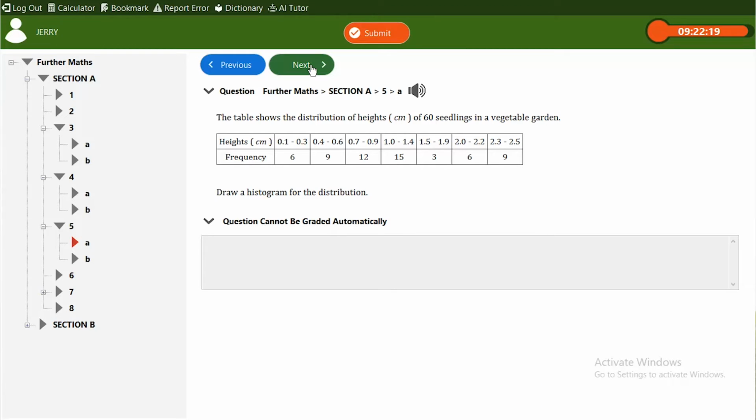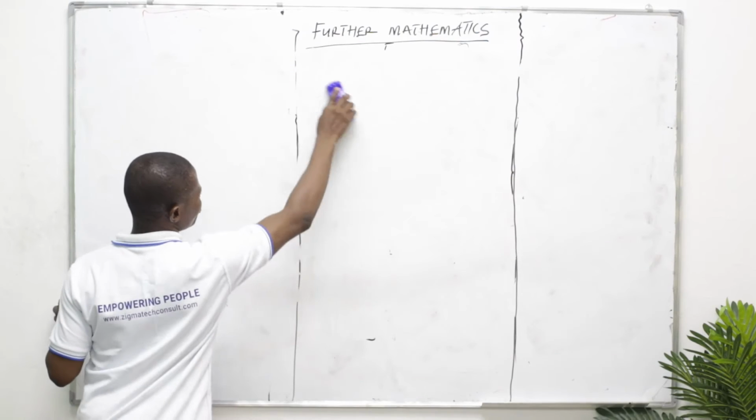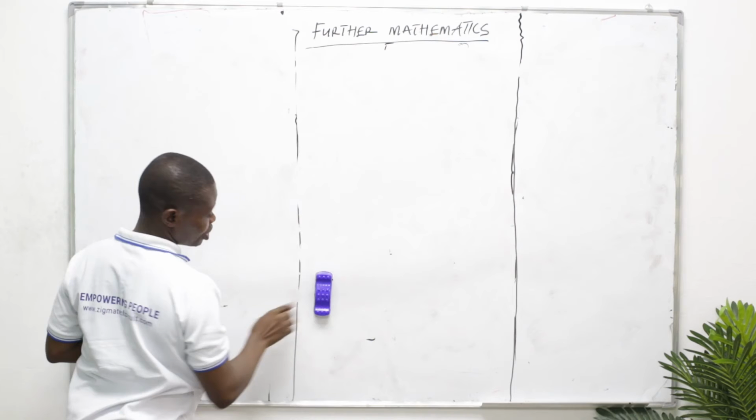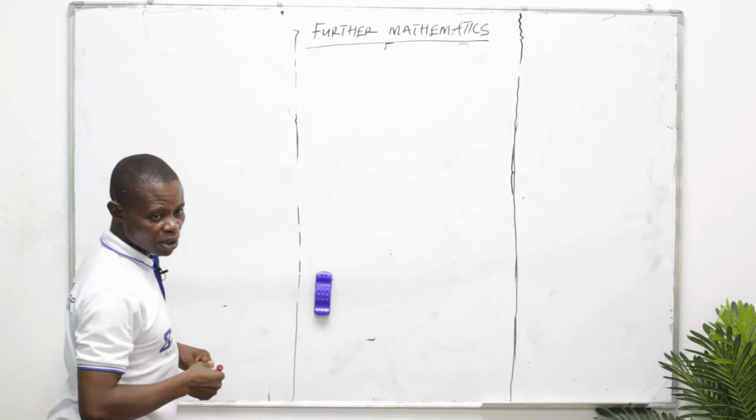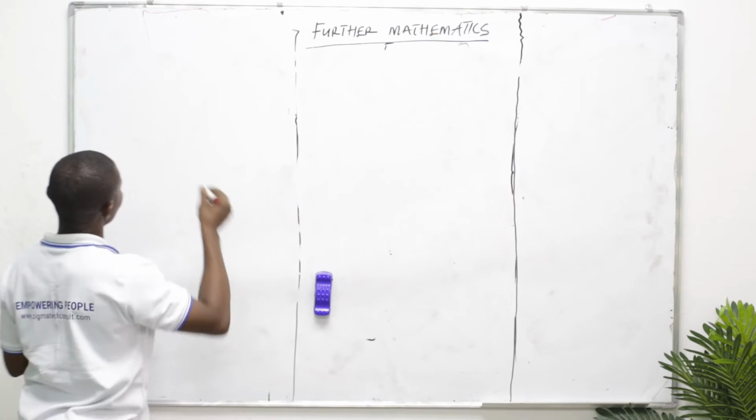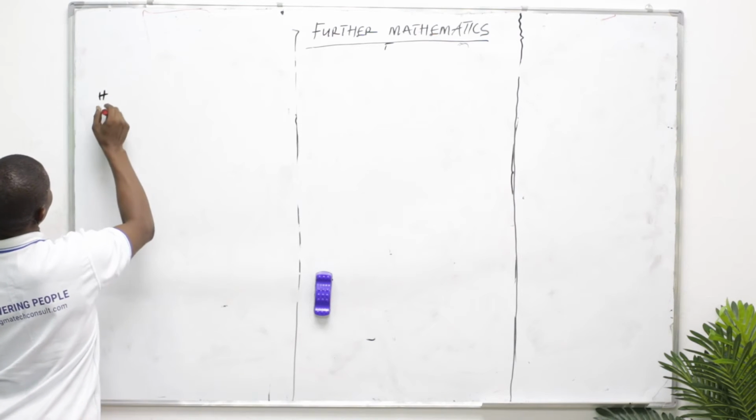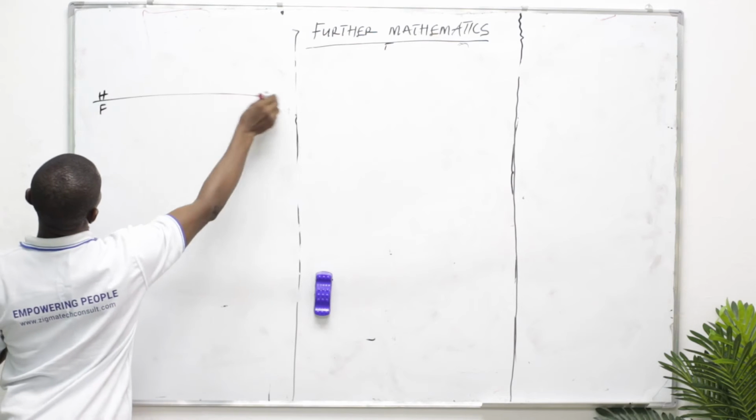Most of us are already used to lower class boundary and upper class boundary, which is good. But there is a case where the value we know will have to change depending on the nature of your table. You have height, you have frequency. Let the height be h, frequency f.